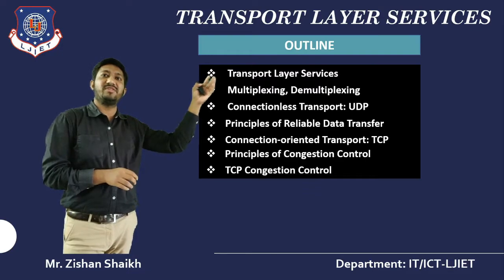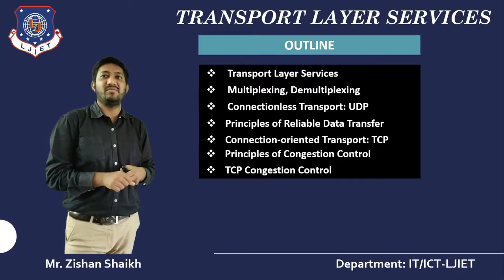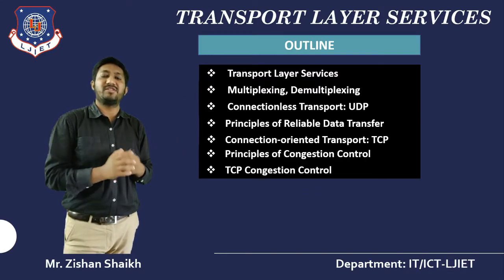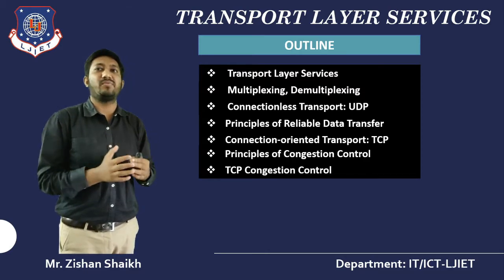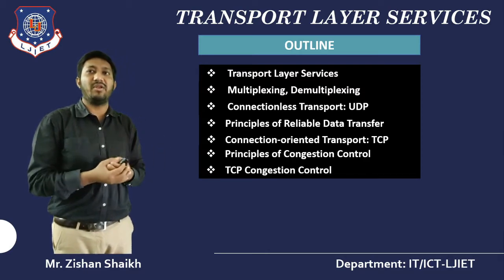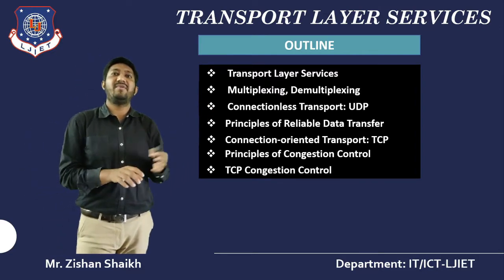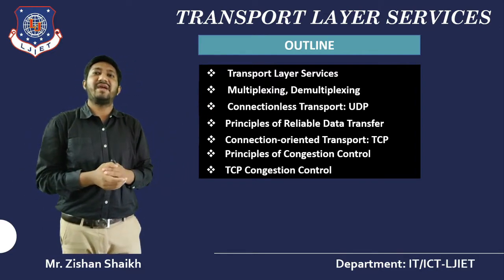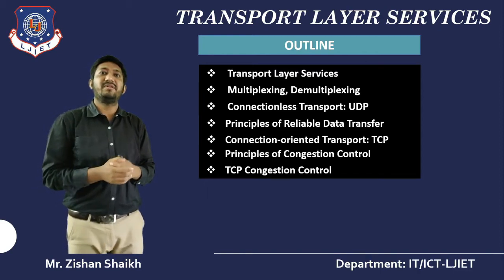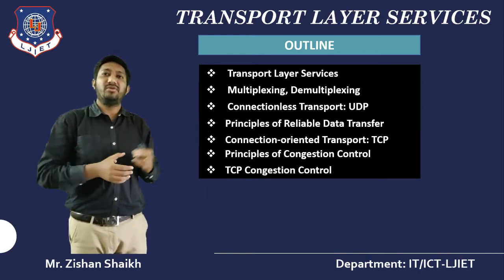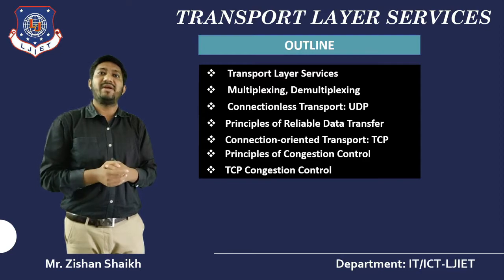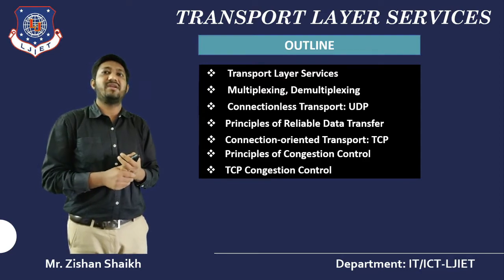First is transport layer services. Which services are provided by the transport layer, and how exactly the transport layer works in our model, with a real world example. Then I will explain the multiplexing and demultiplexing concept. Then I will explain User Datagram Protocol, that is UDP, a connection-less protocol.